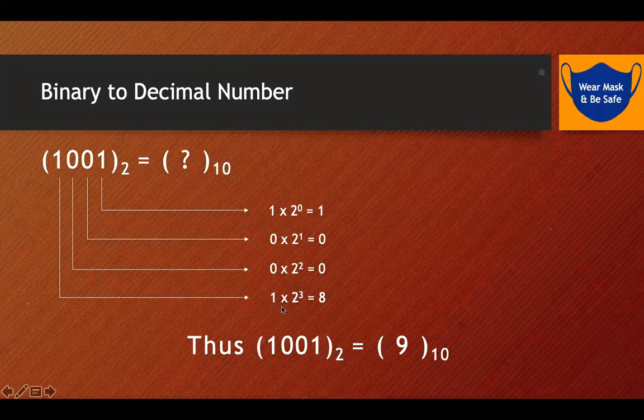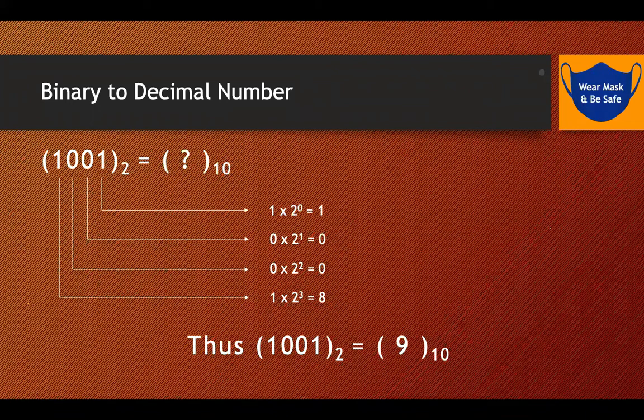Now here 1 is there and we have to multiply by 2 raised to the power 3. 3 times we have to write 2, then multiply. 2 twos are 4, 4 twos are 8. So we have written 8.